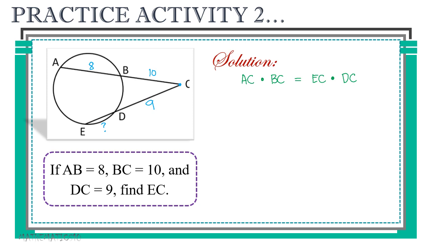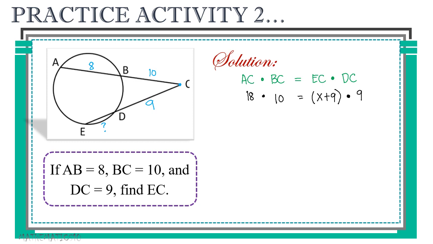Since we are asked for the length of the entire segment AC, we are supposed to add 8 plus 10, it's 18. Next, we have BC is 10. And we do have EC. Since we don't know yet what we are supposed to combine with 9, let us represent it as x plus 9, multiplied with the length of the external part, which is 9.